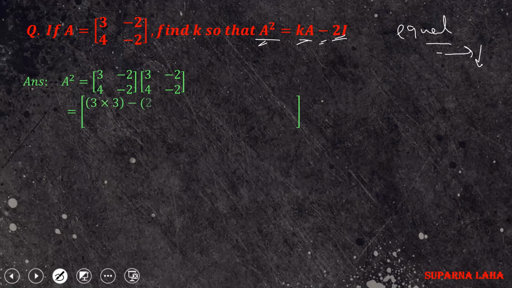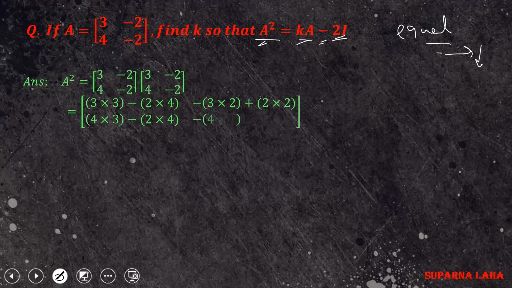First row, first column: 3 into 3 minus 2 into 4. 3 into minus 2 and minus 2 into minus 2. 4 into 3 and minus 2 into 4. 4 into minus 2, minus 2 into minus 2. Now simplify it, you will find this value is 1, minus 2, 4, minus 4.